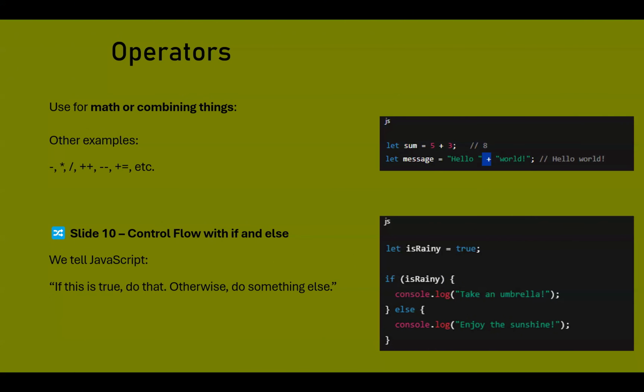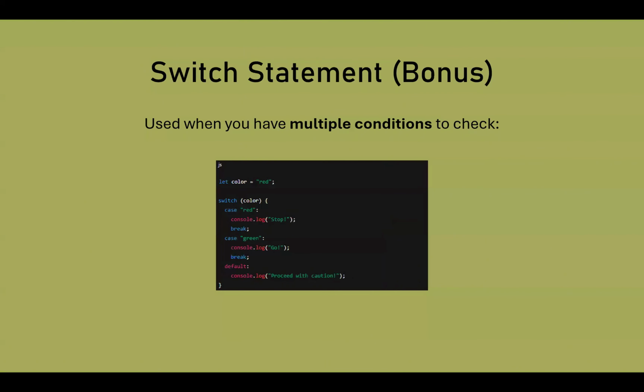If it's user 1, show them bag, else show them beads. That's just it. That's the whole idea. So it's just used to guide the control of what you want to do at a particular time. It's used to guide the flow of the logic you want behind things at a particular time.